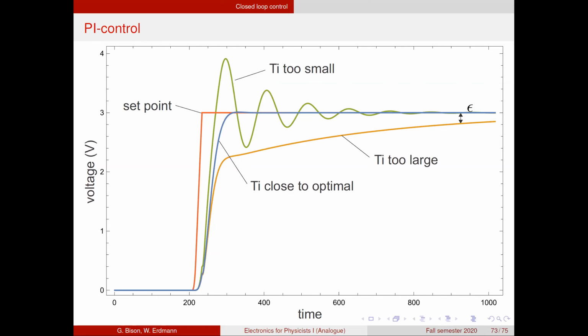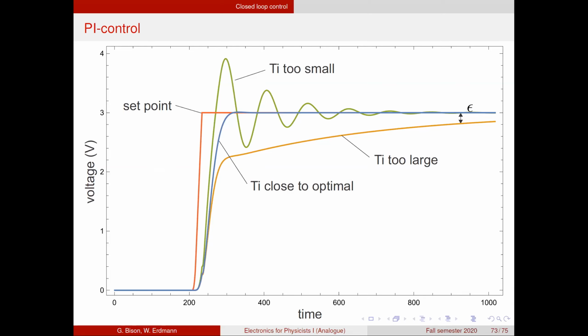I've seen some systems where the PID controller was also used as a kind of low-pass filter. This you can achieve with a large TI time. So if I write here that TI is too large, that's true if your goal is to be as quick as possible. But sometimes your goal could be to suppress noise because maybe your input signal is a bit noisy. And then a large TI time can help. In addition to being a PID controller, it also acts as an additional low-pass filter.